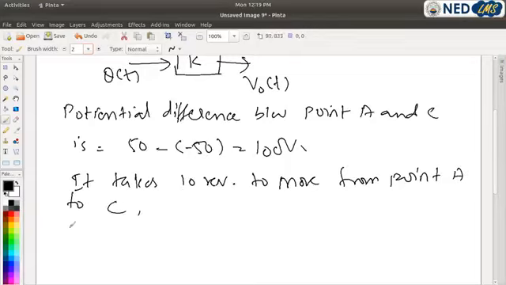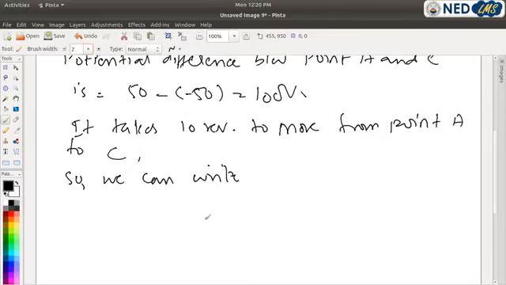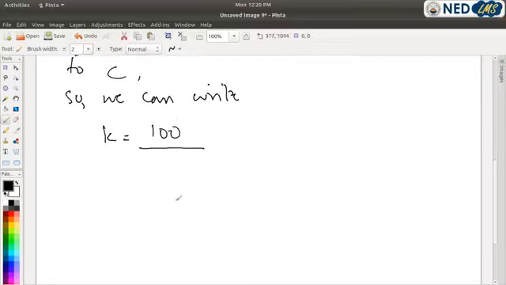So we can write K is equal to this 100 volts divided by the total number of revolutions that are required to move from point A to point C. Since we are considering the potential difference between point A and point C, we have to consider the total number of revolutions required to move from A to C. So we have 10 revolutions.